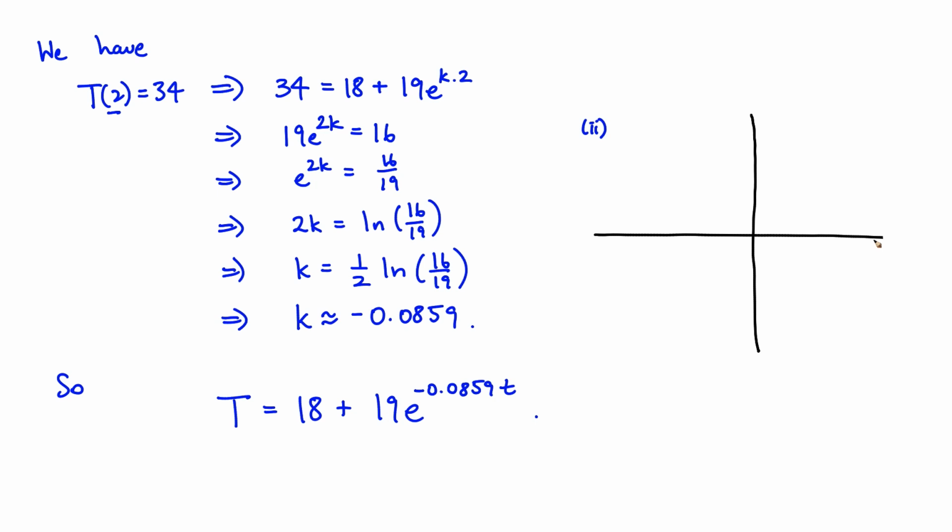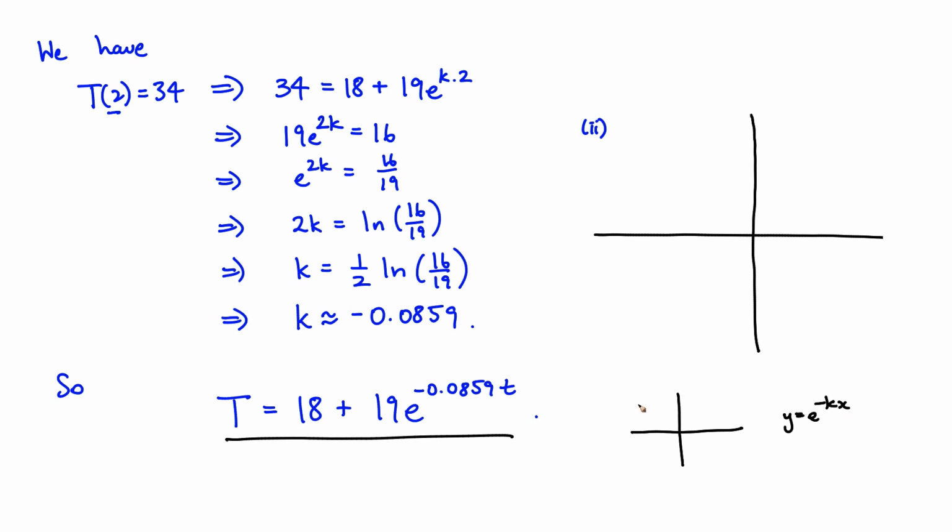And so how do we do this? It's a messy looking function, right? So what you should know is what does the basic shape of the function y equals e to the minus kx look like, where k is a positive number here, so it's e to some negative times x.